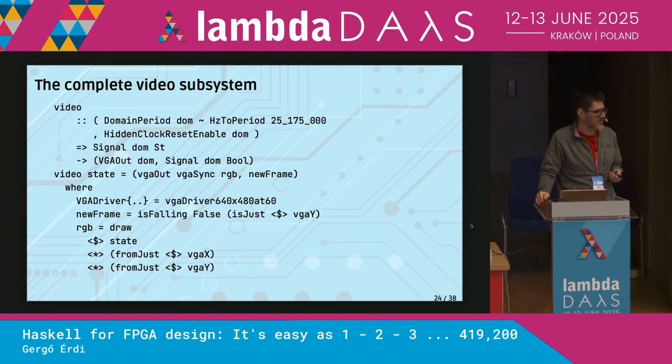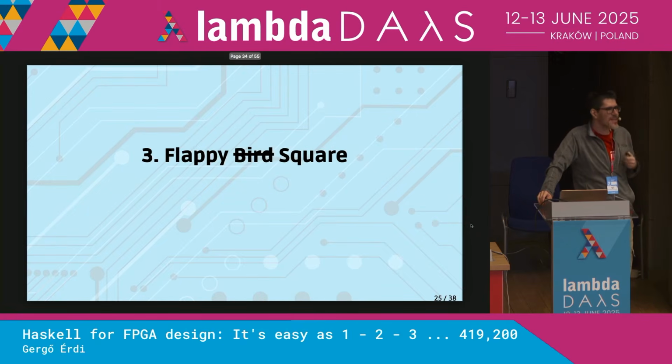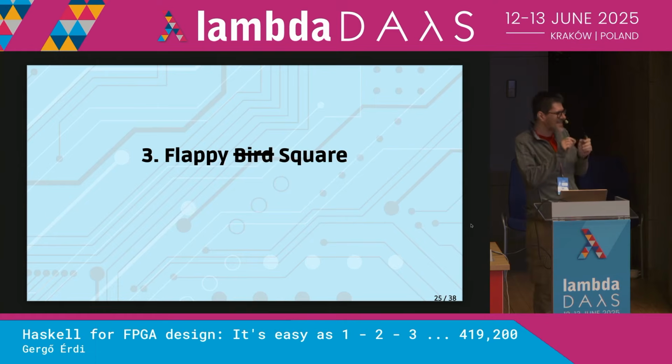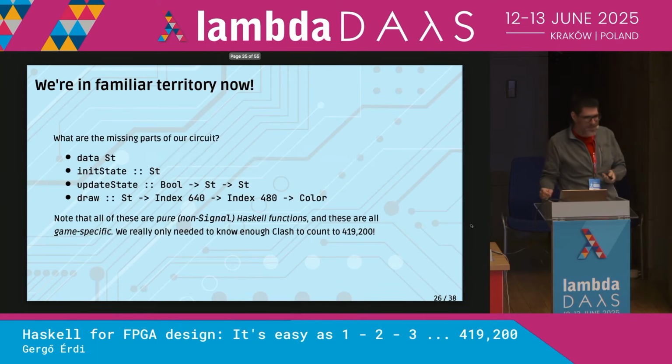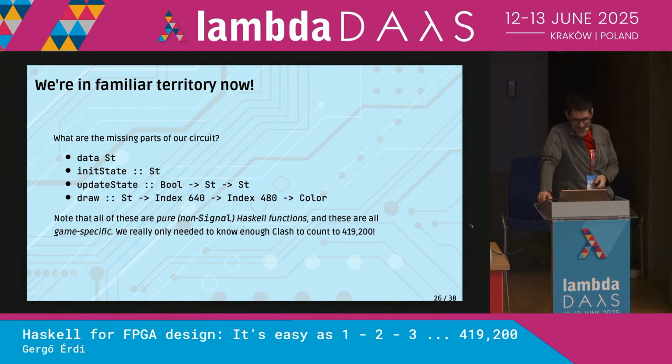And that's it. So we're going to use this framework to implement Flappy Bird. Except we're not really. We're going to implement Flappy Square, because we're not going to bother with detailed graphics. And actually it's going to be more like crappy birds, because not all of it fits into the slides.